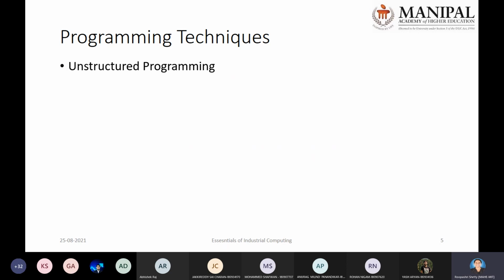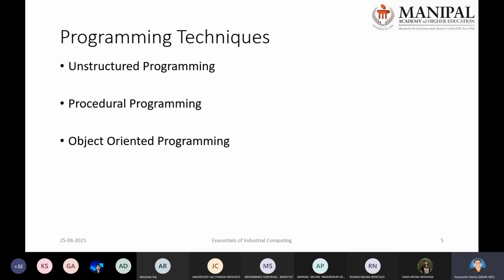There are basically three: the first is unstructured programming, the second is procedural programming, and the third is object-oriented programming. Unstructured, procedural, and object-oriented, three main programming techniques.